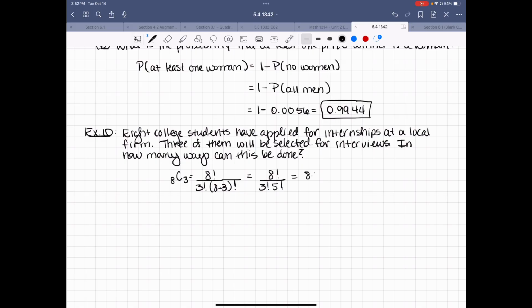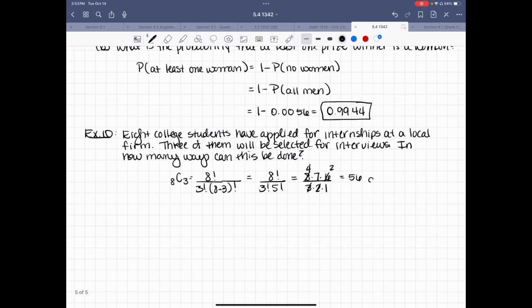So that's 8 times 7 times 6, and that leaves me with 3 times 2 times 1. 3 will go into 6 2 times. 2 will go into 8 4 times. So I have pretty much 8 times 7, so I have 56 over 1. So there's 56 different ways to choose those 3 people out of 8.